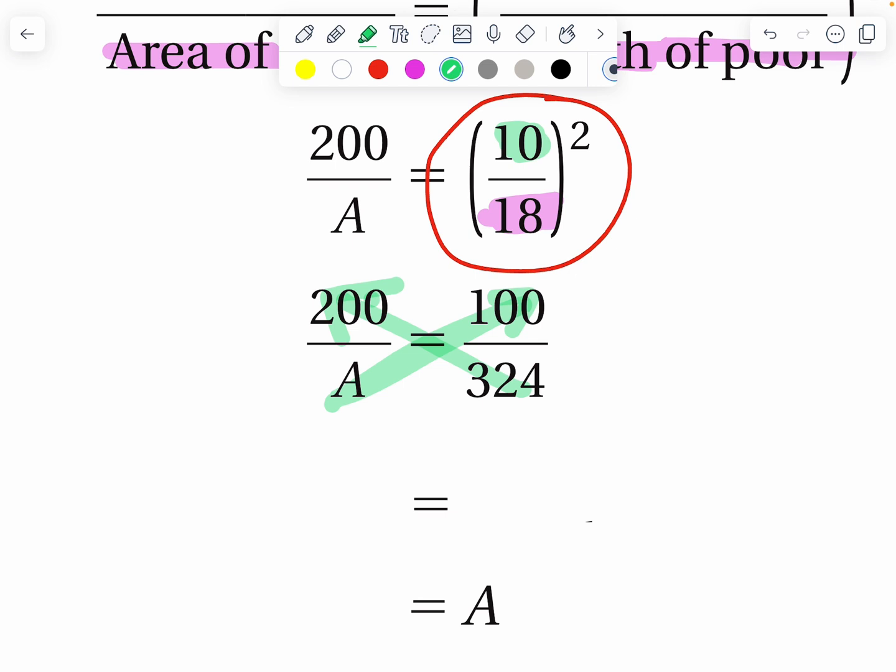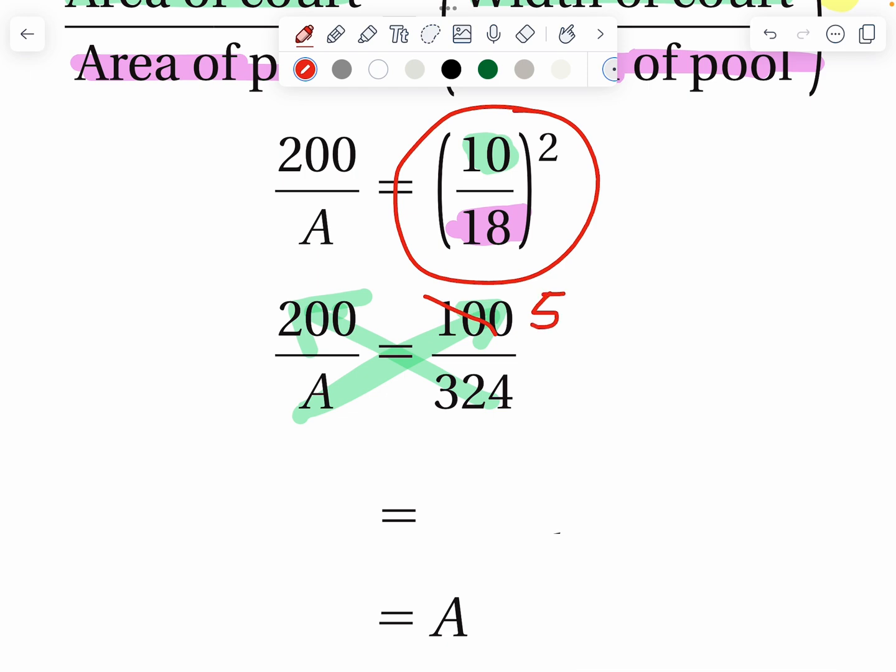However, before we do that, you could cut the 100 in half, make it 50, right? You could cut 324 in half. It's divisible by 2. So 324, I'm doing it on my calculator, divided by 2, it's 162. That's also divisible by 2, so let's keep going. Why not? It's going to make our life easier.